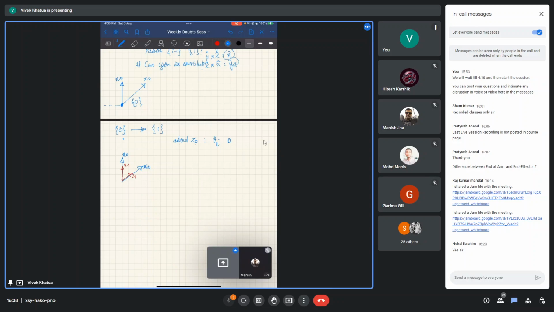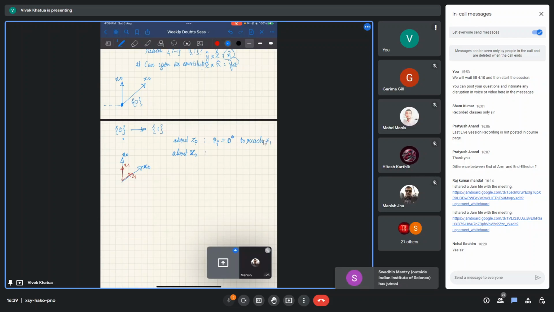So about z0, I do a theta 1 rotation of 0 degrees to reach z1. About x0, oh okay, I made a small mistake.